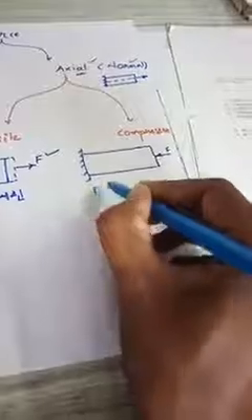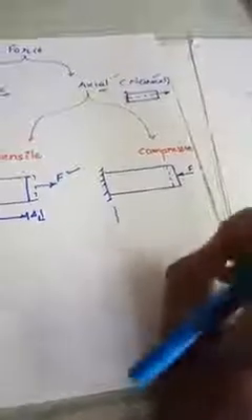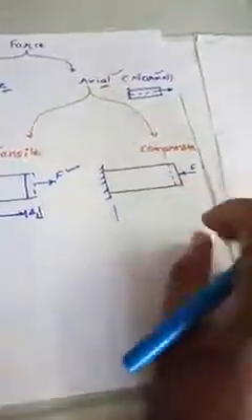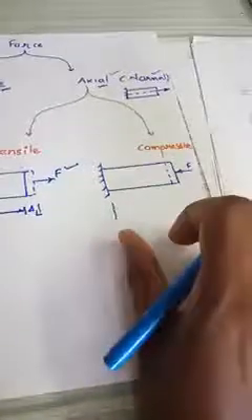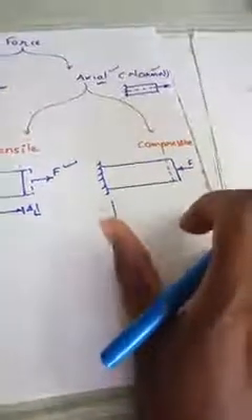There will be a decrease in the length, so the length of the bar gets reduced. The force which is acting on the member along the axial direction, if the length of the bar is reduced or there is a contraction in the bar, we call that force a compressive force.